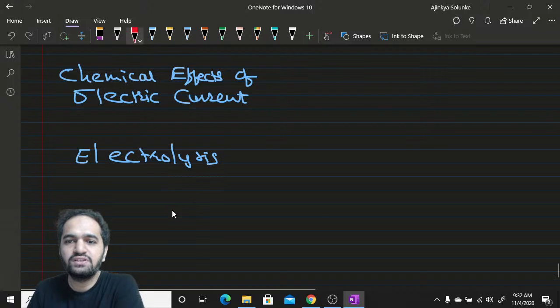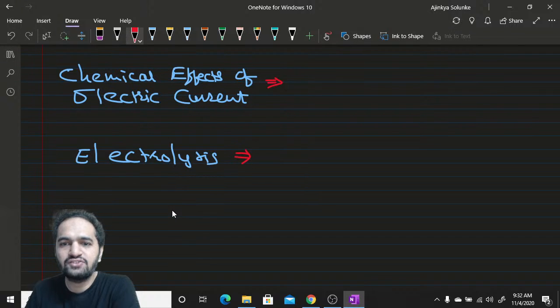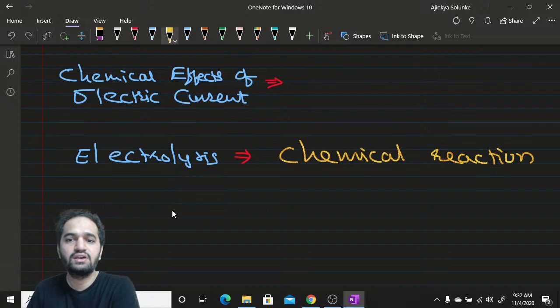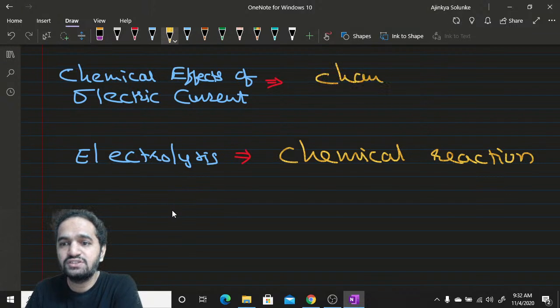Electrolysis is nothing but a chemical reaction, a breakdown reaction. And chemical effects of electric current are just the changes which are happening.